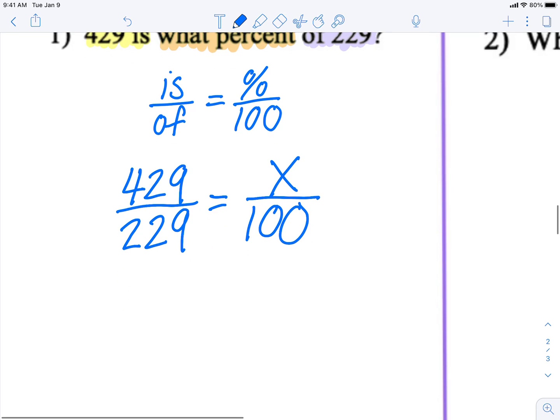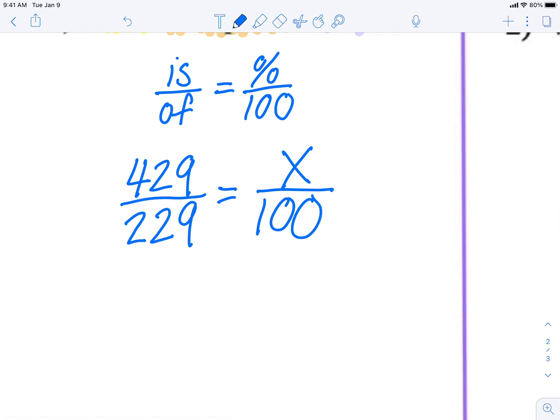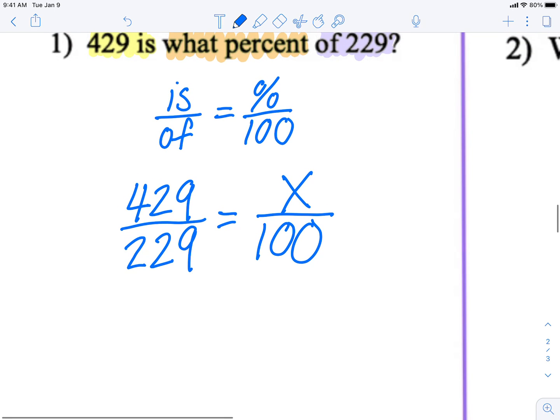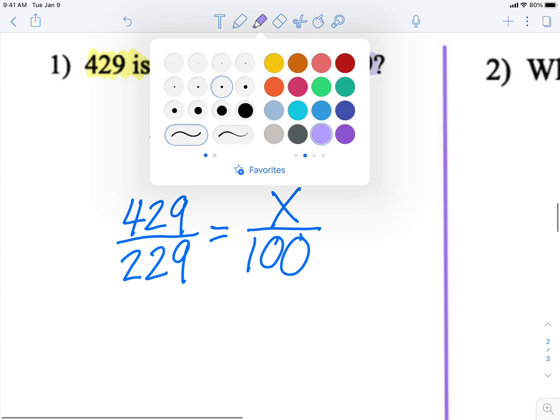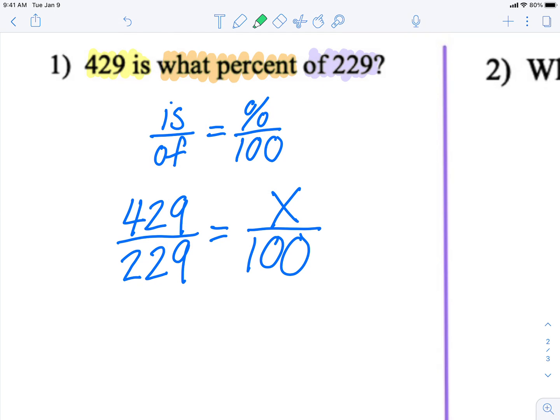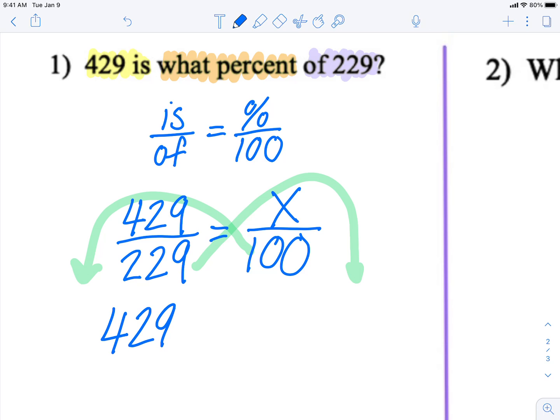And now look at this. This looks exactly like what we were doing last time. So we're going to cross multiply. x times 229, 100 times 429. So 100 times 429 is 4,290. I'm sorry, 42,900.